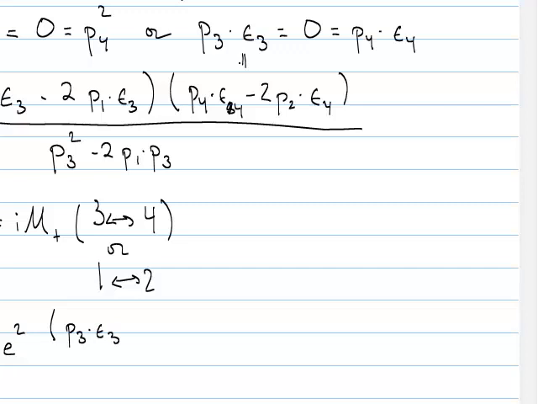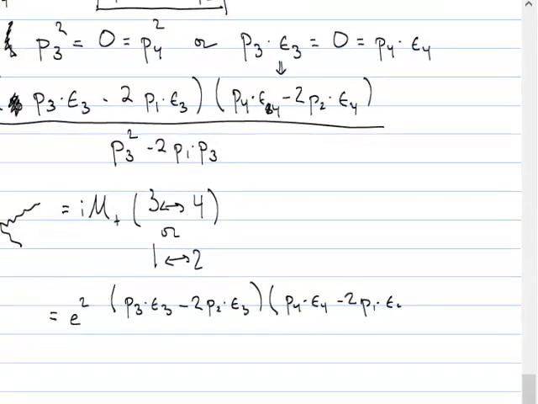So let's first look at this term. You get a P3 dot epsilon 3 minus 2 P2 dot epsilon 3. The first term is a P4 dot epsilon 4 minus 2 P1 dot epsilon 4.